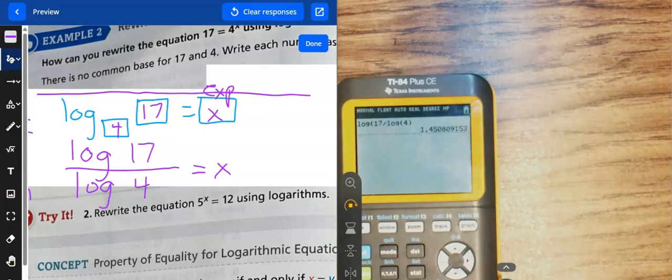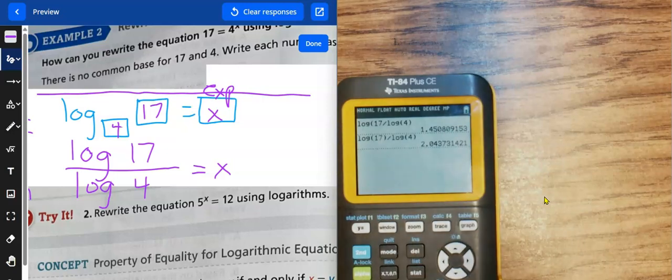Okay. I typed log 17 over log 4 on my calculator. How come I didn't get 2.04 like you did? Oh, so I forgot an end parenthesis on the 17. And yes, folks, it does change the answer.